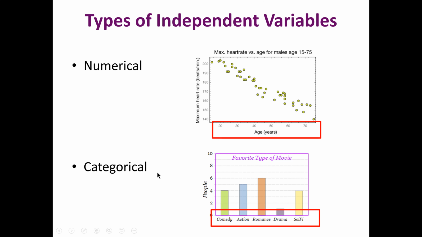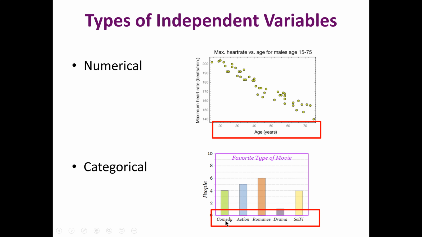Okay. Sometimes you're not adjusting a number, sometimes you're changing a category of something. So for example, in this one, different people's favorite type of movie, we're going to think of different categories of movies, like comedy, action, romance.